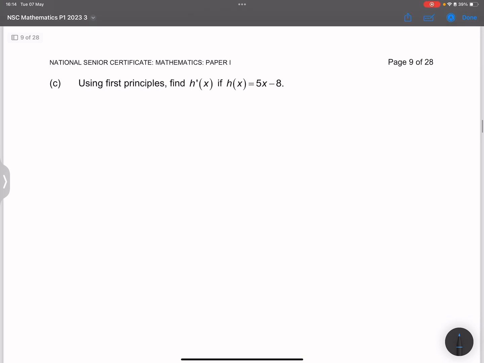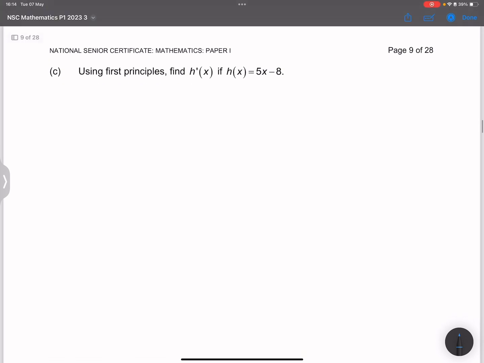And so we move to question C. Of that, they say using first principles, find h prime x if h of x is 5x minus 8.